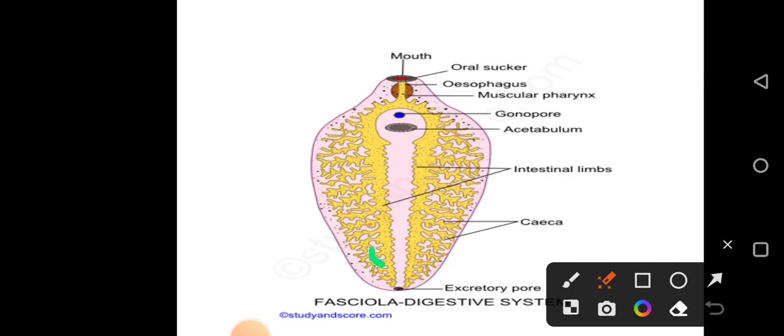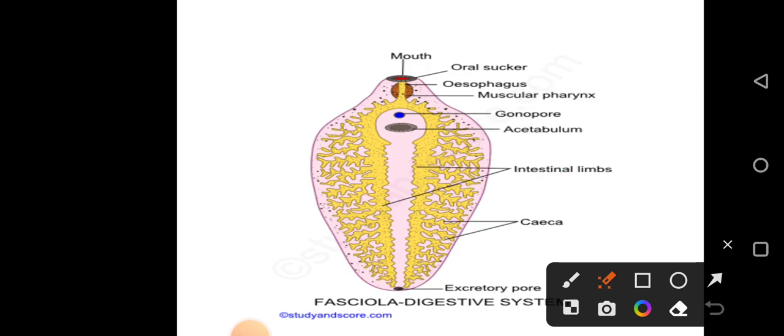Each branch again gives out numerous irregular side branches called ceca. The outer ceca are large and further branch, while the inner ceca are short and simple.